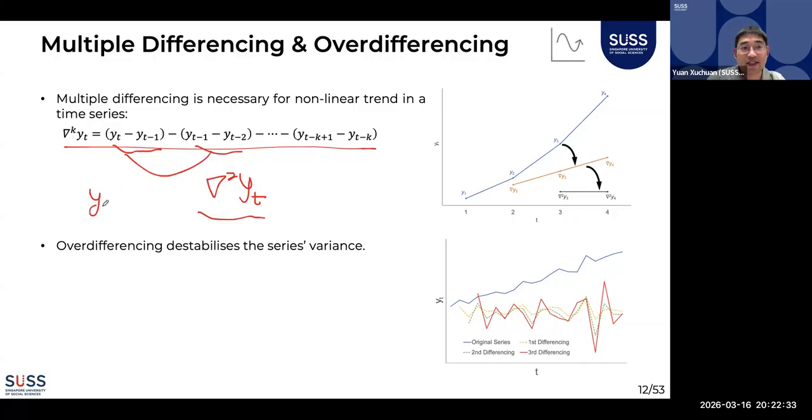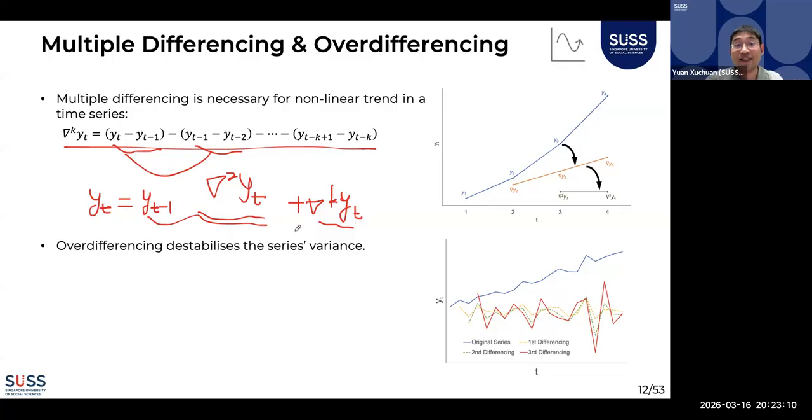If you put yt on the left hand side, and yt minus 1, yt minus 2 and so on on the other side, plus this nabla k yt, it is like an auto-regressive of yt with its own past values, plus this so-called random term.